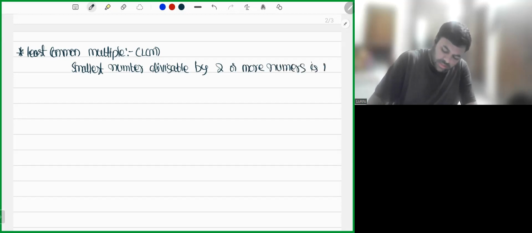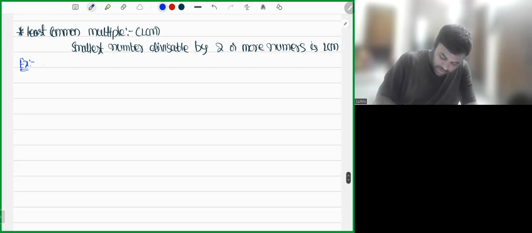The smallest number which is divisible by two or more numbers is called LCM. Say for example, let us see what is the LCM of 2, 3. So what will be the LCM of 2, 3?